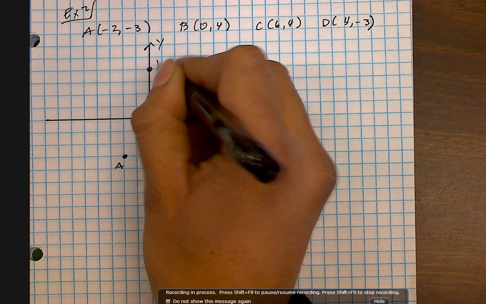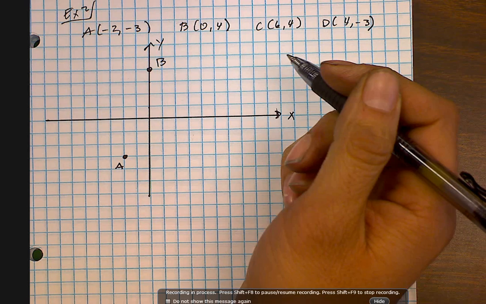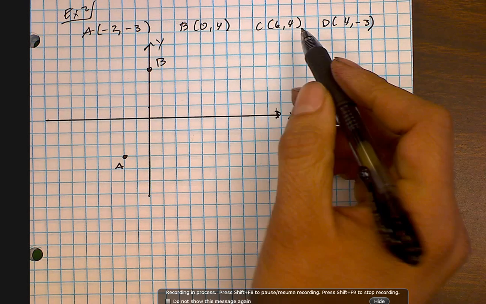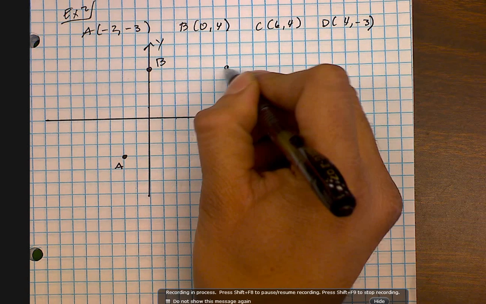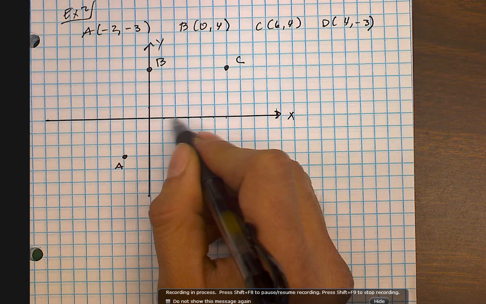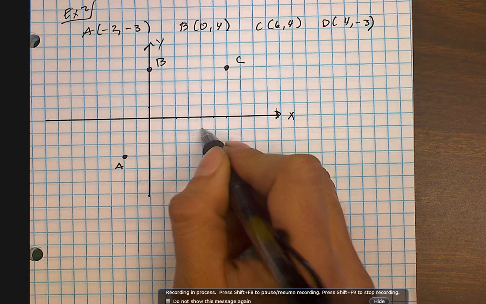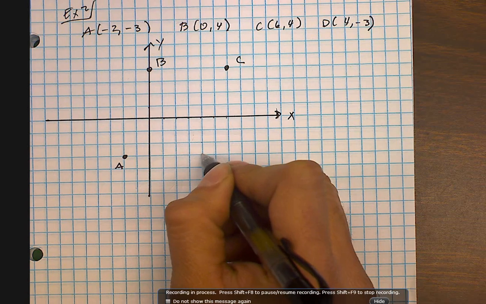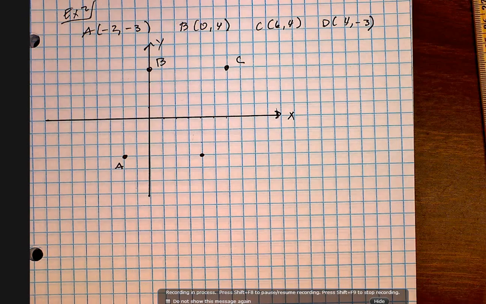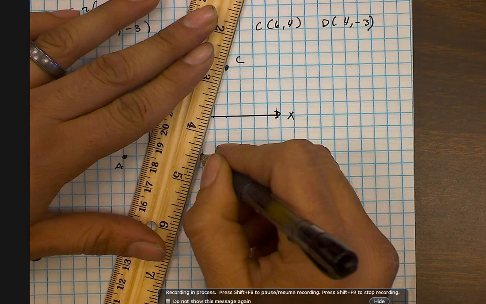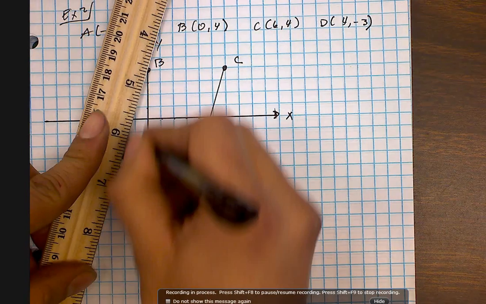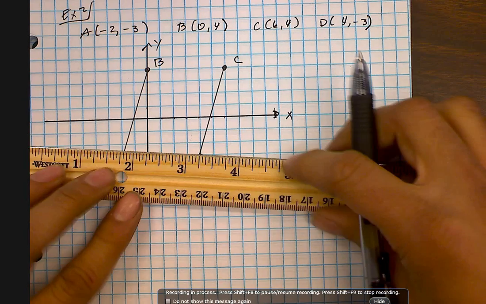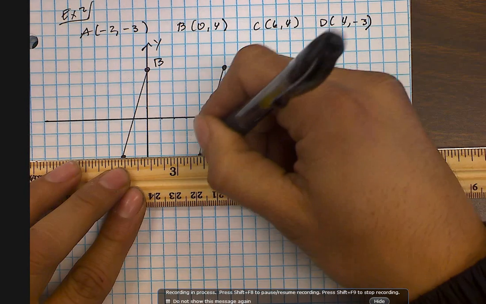That's B. And then C is at 6,4. So 1, 2, 3, 4, 5, 6. And there's C. And then D is at 4, -3. 1, 2, 3, 4. And then 1, 2, and 3. So there it is. So here is your quadrilateral. Now we need to see what exactly it is.